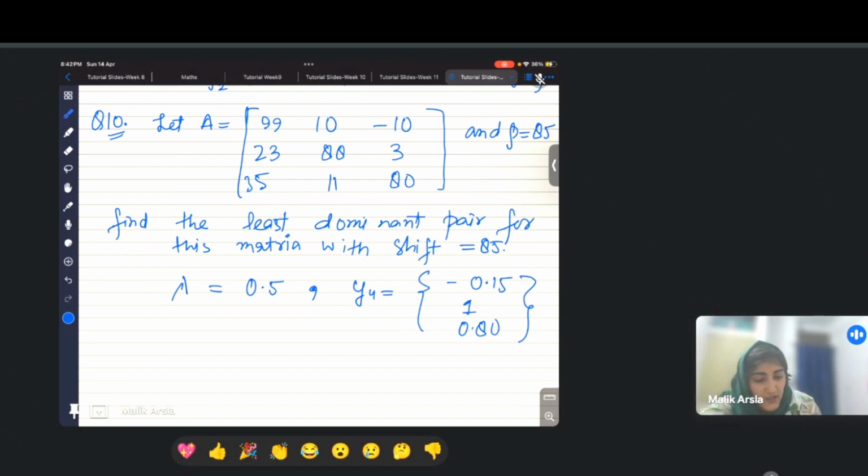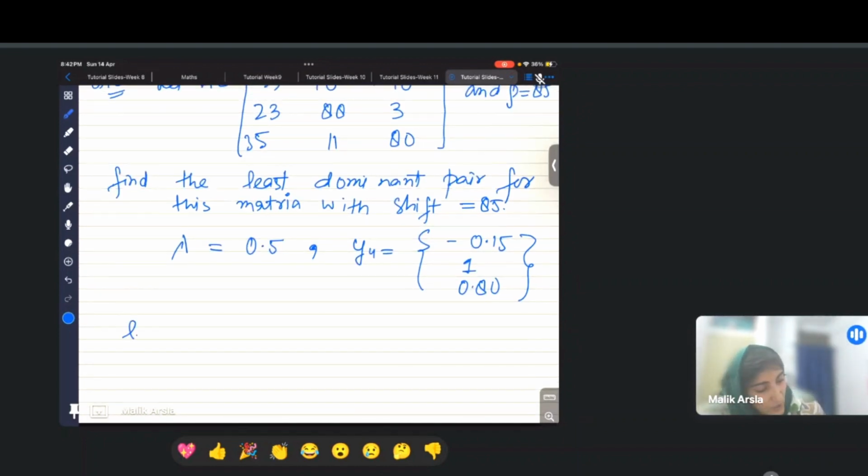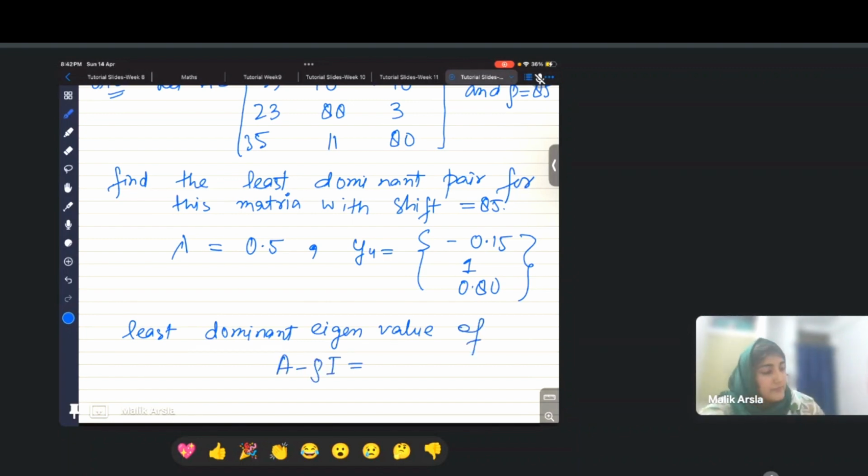So this is our dominant eigenvalue, and this is the eigenvector corresponding to it. Now the least dominant eigenvalue of A minus rho I will be what? It will be 1 upon 0.5, because it is the dominant one of A minus rho I inverse. Now the least dominant for A minus rho I will be 1 upon 0.5. So that will be equal to 2.